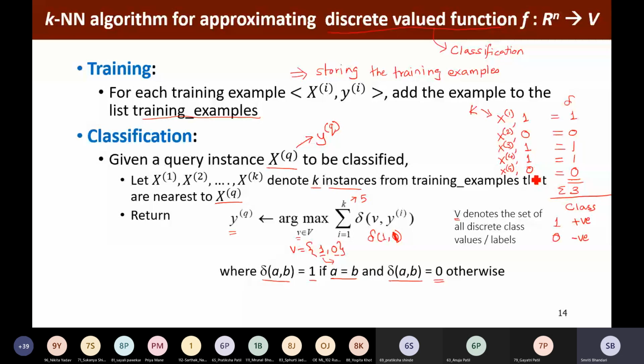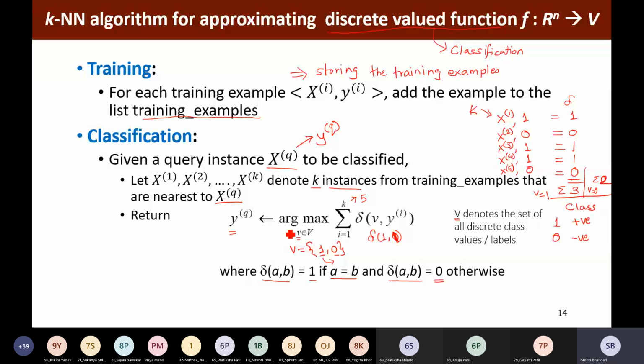So out of these 5, 3 belong to class 1 and 2 belong to class 0. Right? Now we have computed these values. For v equal to 0, this summation is 2. So 2 samples belong to class 0 and 3 samples belong to class 1.